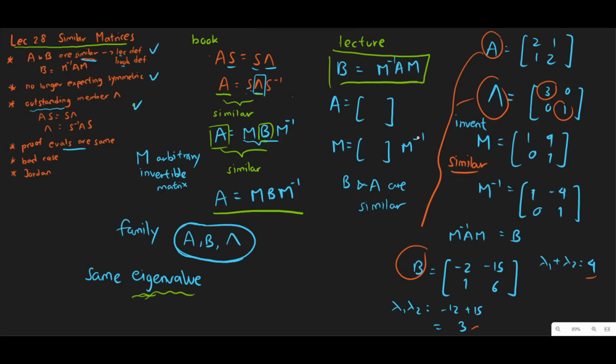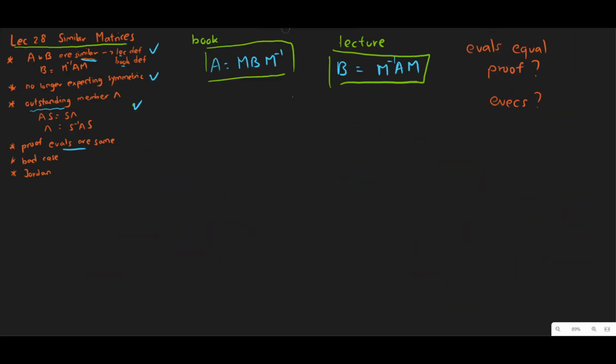So let me delete some of this, and then I want to prove to you the eigenvalues of being equal. Let's continue on with proving the eigenvalues of being equal. And this proof will also state what happened to the eigenvector.